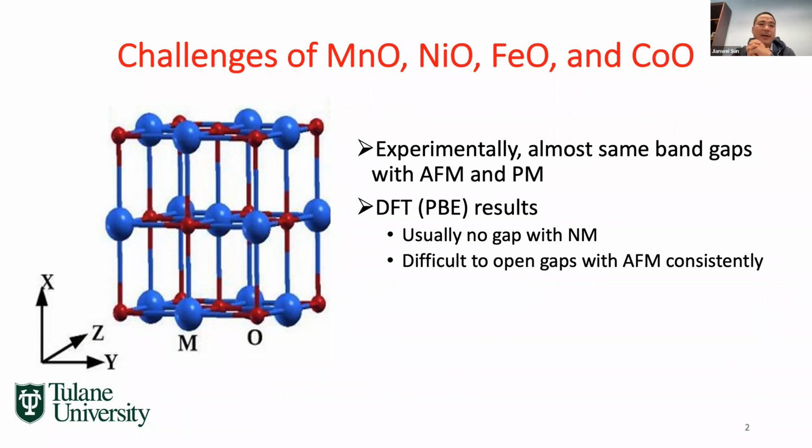If you do the calculations in the antiferromagnetic phase, meaning that you set up the long-range magnetic ordering at the beginning, the popular Perdew-Burke-Ernzerhof GGA still has difficulty in opening the gaps.